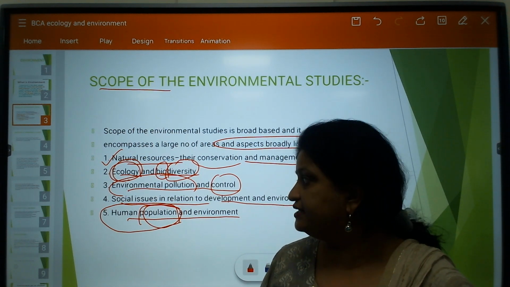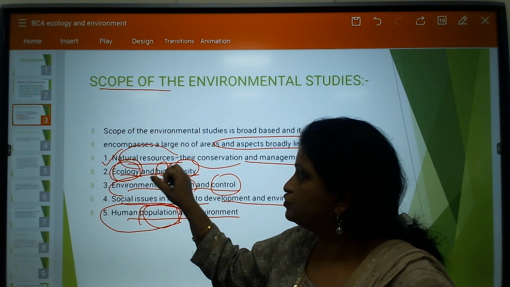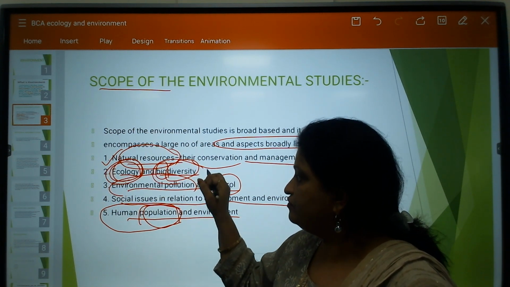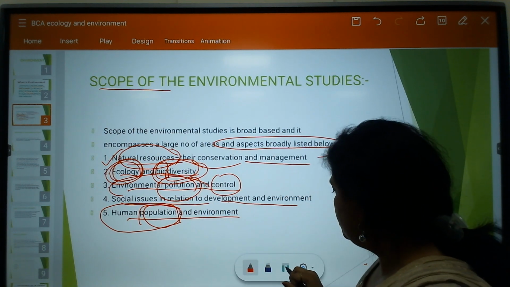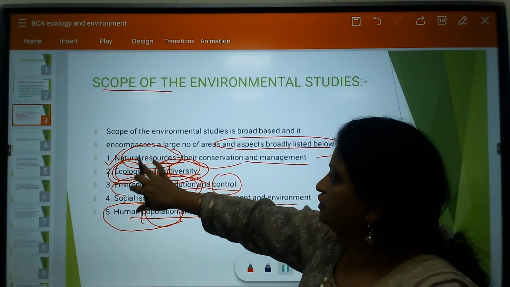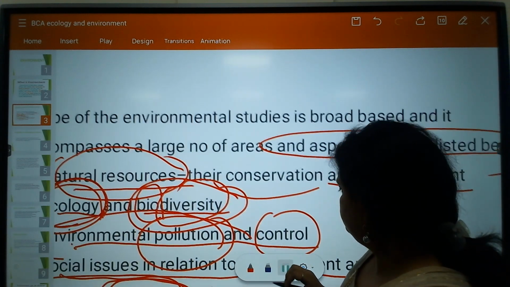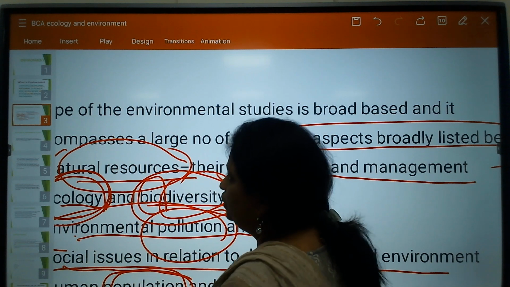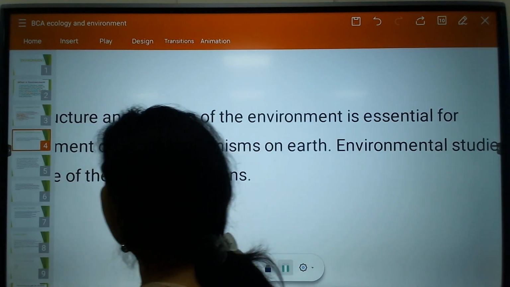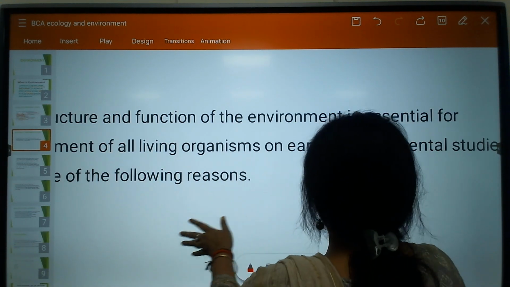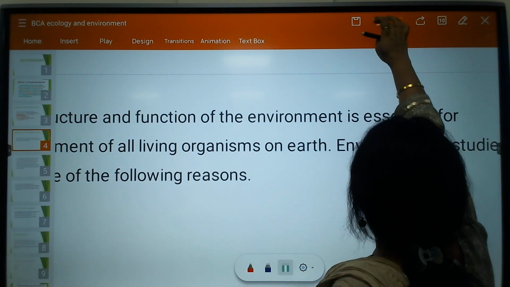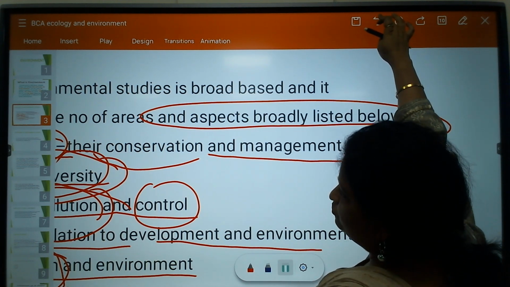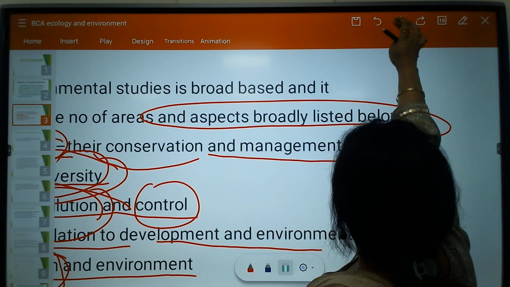All the problems arising, whether in natural resources utilization, the ecosystem, biodiversity or environmental pollution, are relevant to overpopulation. Overpopulation increases these kinds of problems. The root cause of any kind of environmental problem is this.